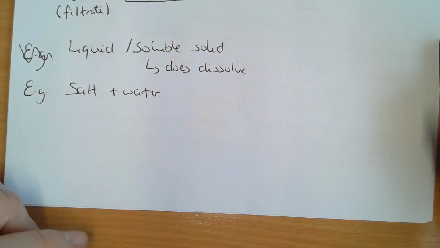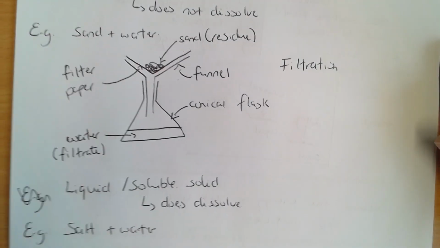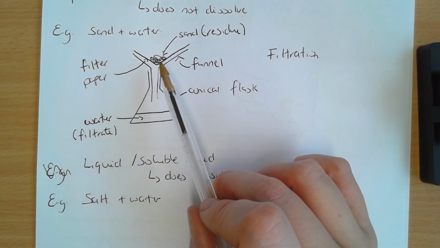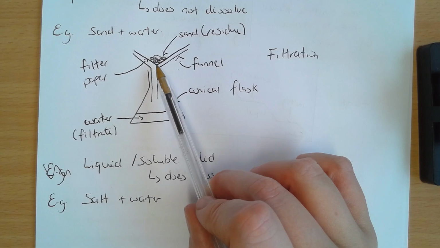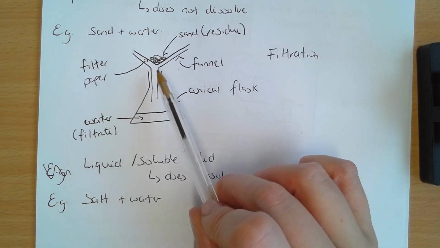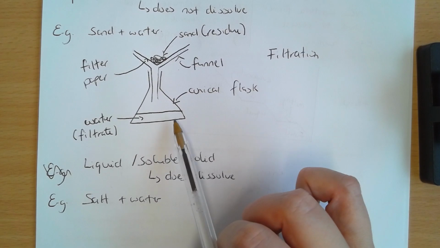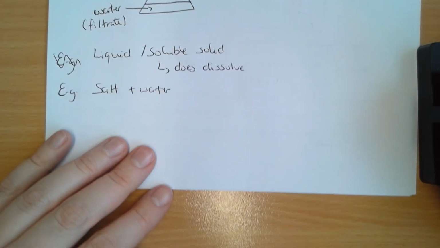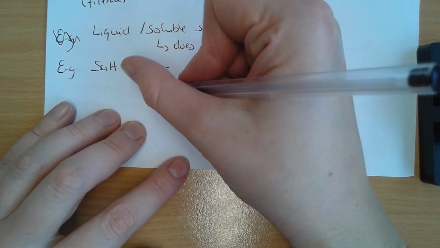Okay, so if I try to use my filter, because the salt is dissolved in the water, it will just pass straight through the filter paper. Nothing will be trapped in the filter paper. Everything will just end up in the conical flask, which is no good to me. So instead, I'm going to use a different technique, crystallization.